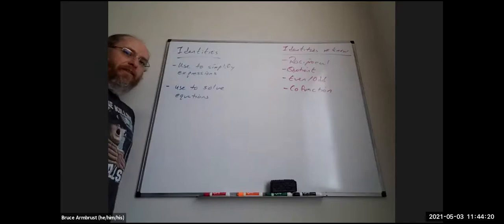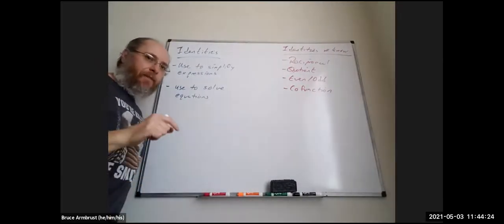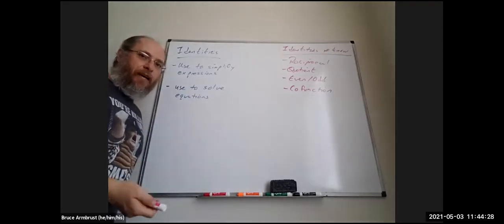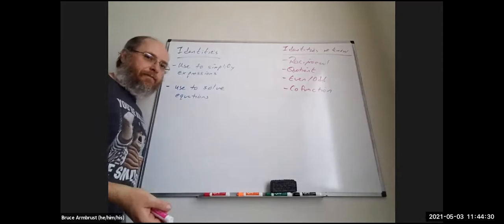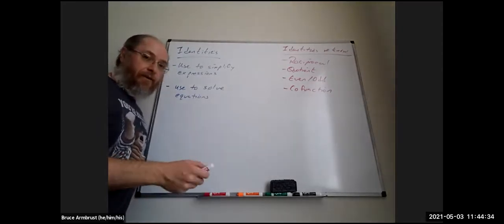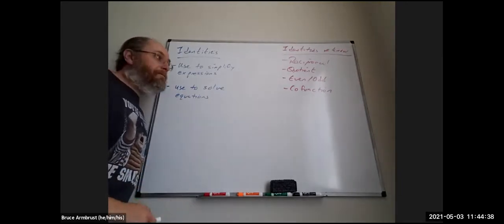And those were the ones that said that sine and cosine were related. So basically the sine of theta was the same as cosine of pi over 2 minus theta. The sine of one of the angles in a right triangle is the cosine of the other, right? And the same thing holds for tangent, cotangent, secant, cosecant.